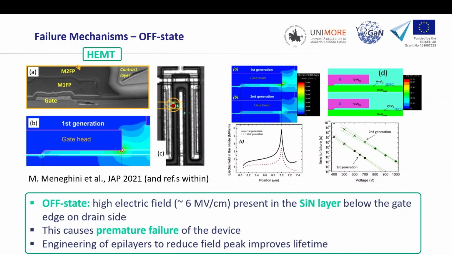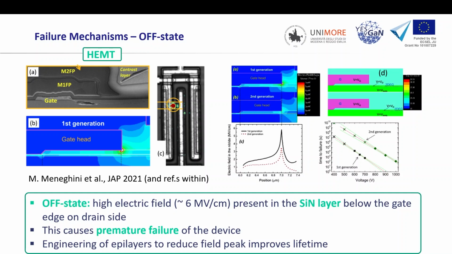And this is something that happens during the off state. Because you're applying very high VDS, the gate edge of your device, where you will see peaks of the electric field, as we will also see in some other slides, would be very high and cause a failure of the passivation. The passivation was what was causing the failure of the device. You can see here kind of a hole.